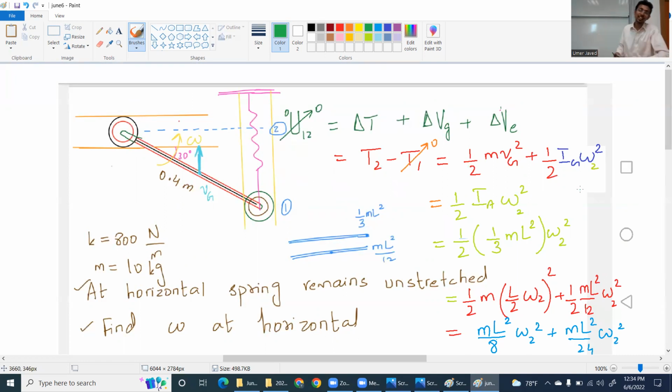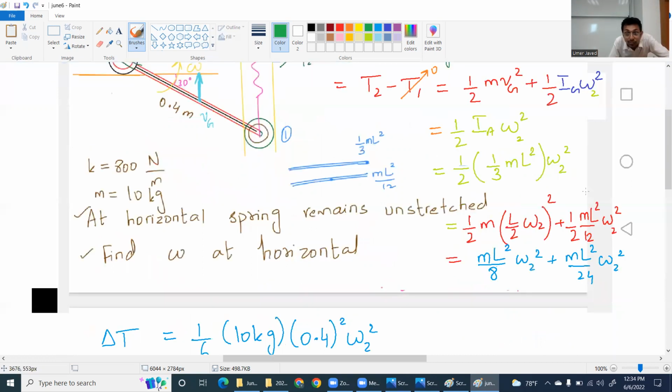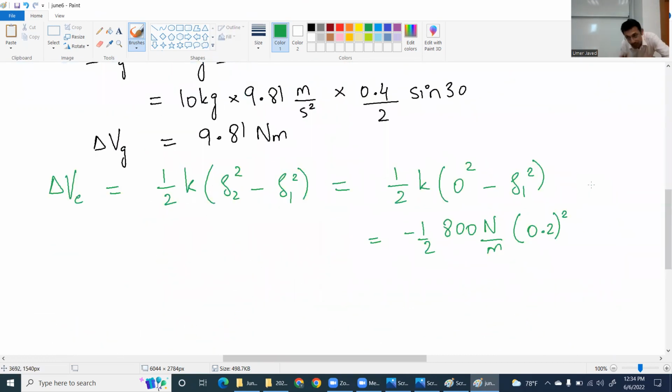Yes, last semester I asked exactly the same question. I still remember the name of the student who answered the same way. Last semester I also stopped here. Why am I taking 0.2? Okay, and I get minus 16 Newton meter as delta VE.